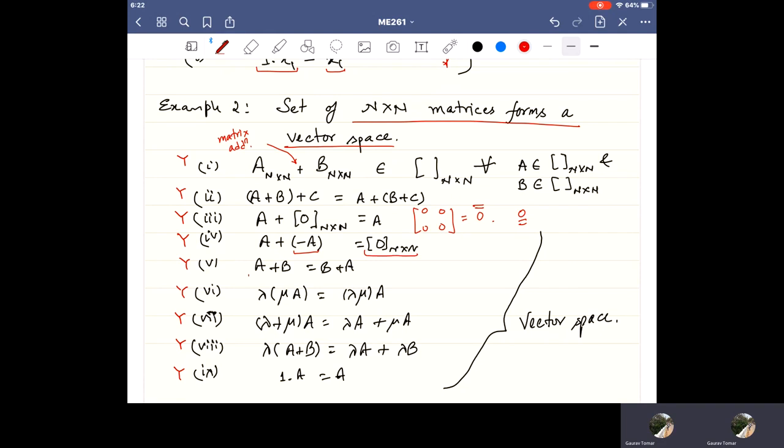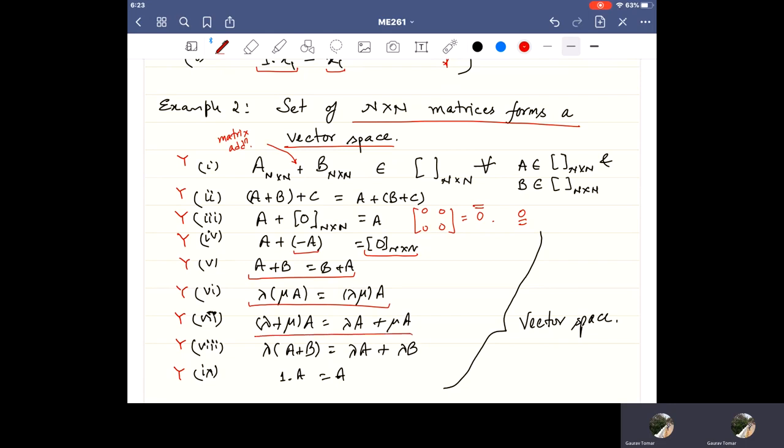It also satisfies the commutative property. It doesn't matter in what order you add two matrices. Of course, the way you multiply is different. That's a different definition. But you can add in any order and you'll get the same result of the addition, right? You can scale the matrix elements in this fashion and they will satisfy this property.